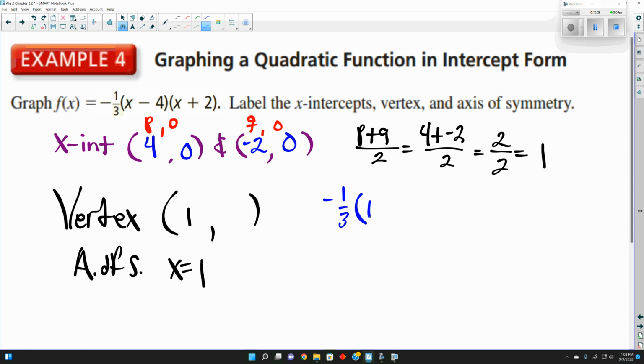Negative 1/3 of 1 minus 4 times 1 plus 2. Well, 1 minus 4 is, 1 plus 2 is, they're nice. Because negative 1/3 times negative 3, well, the negative and negative make a positive, 1/3 times 3, 1. Because it'd be 3 over 3, which divides and simplifies to 1.